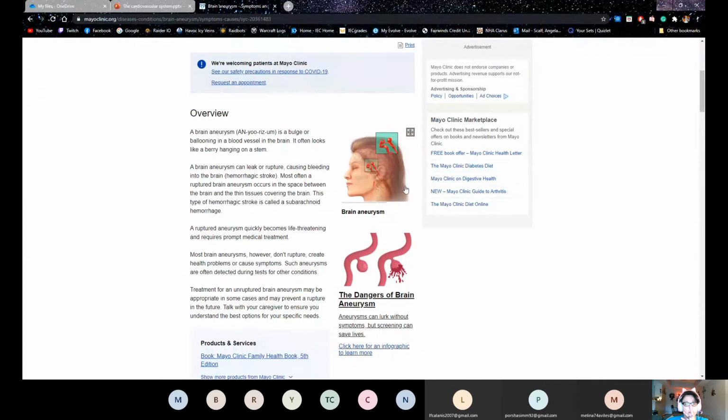Okay. So we know we have vessels everywhere. Our blood vessels aren't just in the arm for drawing blood or down in the legs or by the heart. They go everywhere.